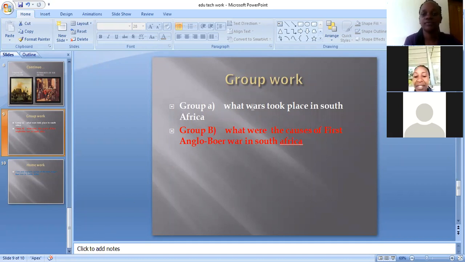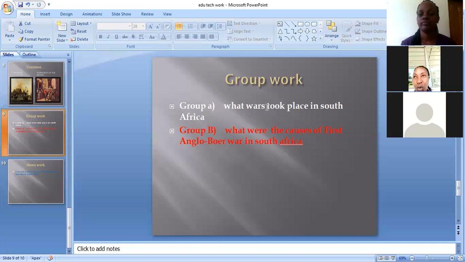This is group A with the members: I personally, Fausta, Rita, and Jonathan, and we were given the question, what wars took place in South Africa?